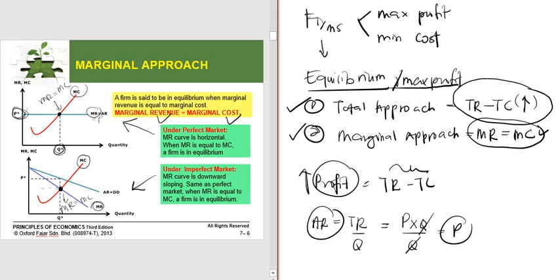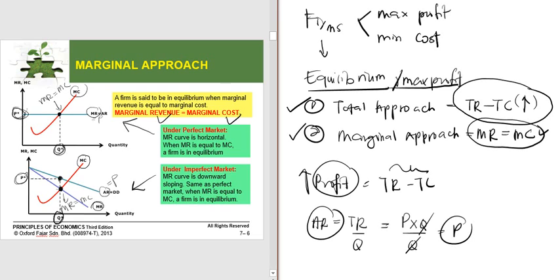indicate the price level. To indicate the price level at equilibrium, you have to bring this point upward until you touch the average revenue curve, which is this one. Average revenue is equal to price. From this point onward, you drag to the left, so you will get the price. This is the equilibrium price and this is the equilibrium quantity.